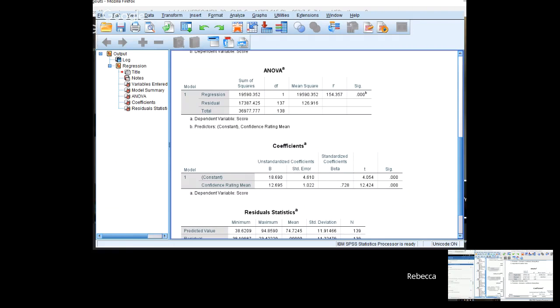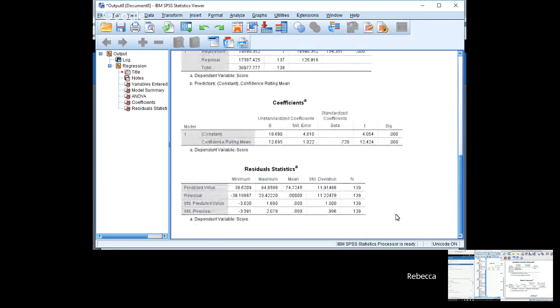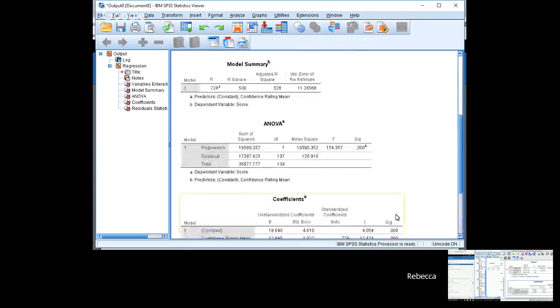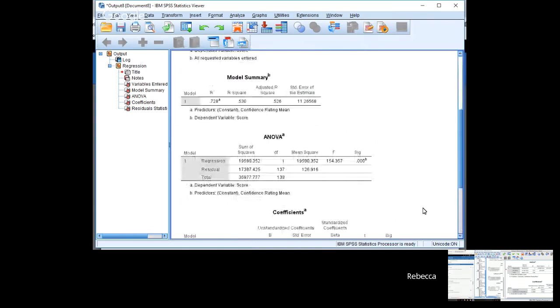Okay, so construct a 95% confidence interval for beta 1. Which is just farther down on the coefficients table. I don't think I have that. Did you have that on there? It says the 95% confidence interval for B. Did I need to click something?